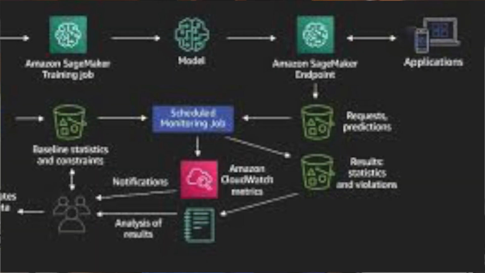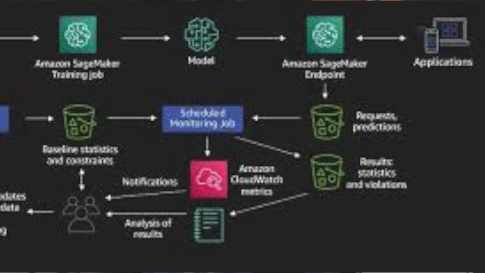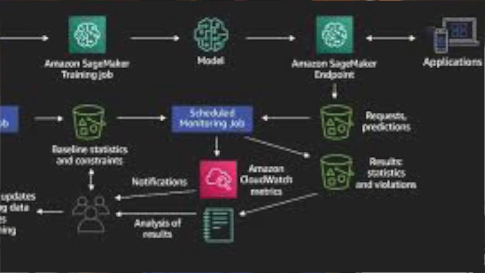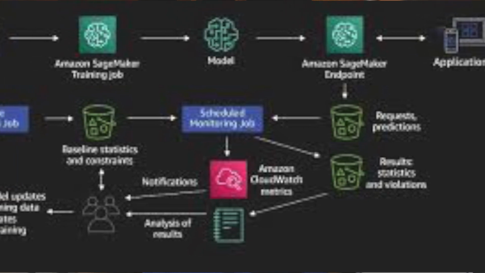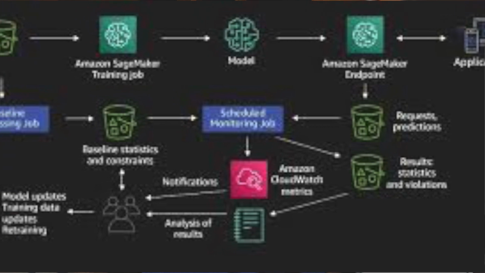Number 4, that is something which I personally liked. It's called as Model Monitor. So now you have built a model, you have deployed it. Now this model was trained on a certain set of data which follows certain variation or certain distribution.